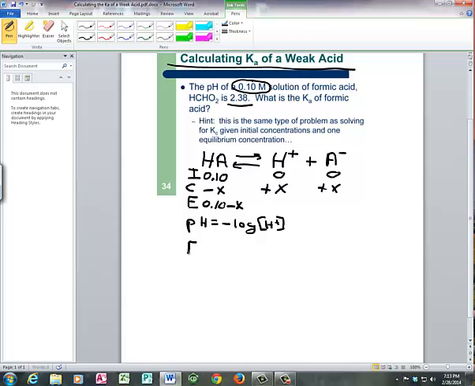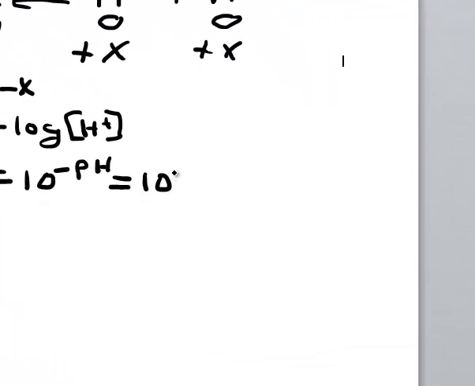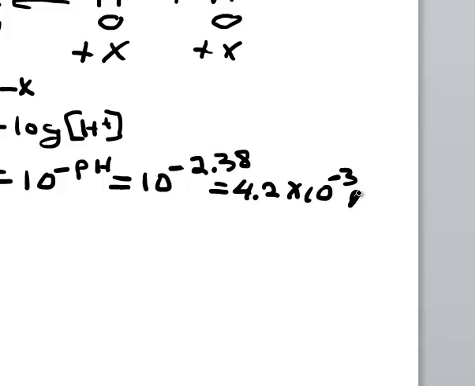I can get the X value, which is the hydrogen ion concentration, by simply taking the negative antilog of the pH. And when I take the negative antilog of the pH that's given in this problem, which is 2.38, I get a value that's equal to 4.2 times 10 to the minus 3 molar.